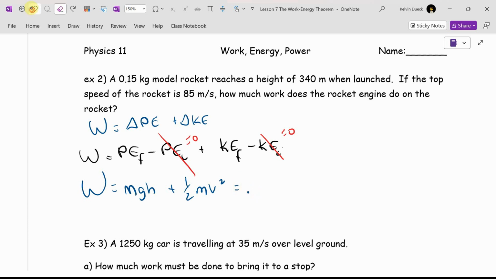No, not 0.5, that's the second one. M 0.15, g 9.8, 340. That's how much energy you need from the rocket engine to get to the right height. But also 0.5 times 0.15 times 85 squared. That's how much energy the rocket engine needs to contribute to get to the correct speed.